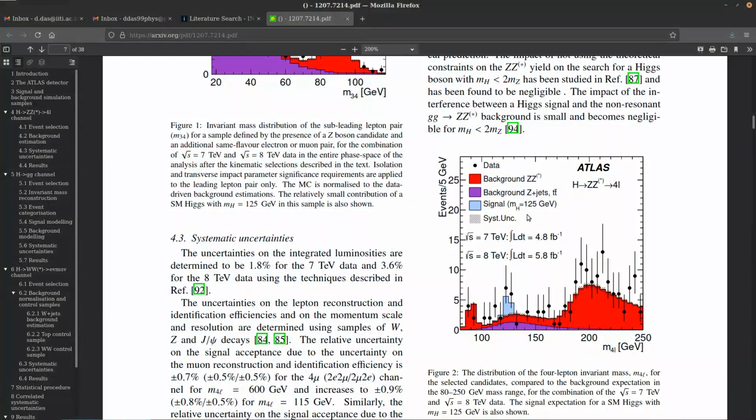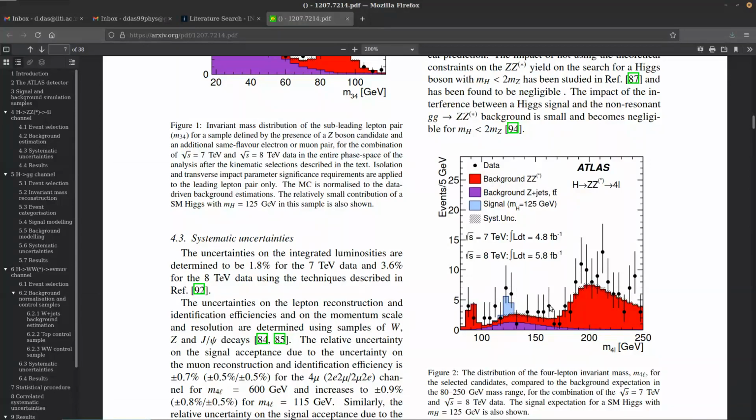Now you actually do the experiment, and this black data, these black dots with, of course, their uncertainty, are really the observed events.